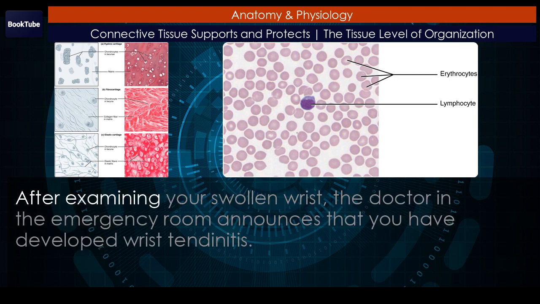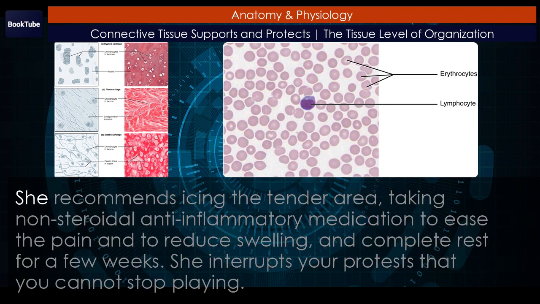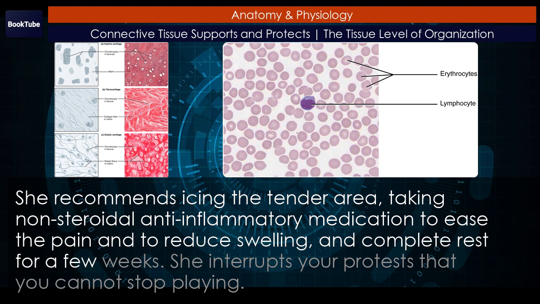After examining your swollen wrist, the doctor in the emergency room announces that you have developed wrist tendinitis. She recommends icing the tender area, taking non-steroidal anti-inflammatory medication to ease the pain and to reduce swelling, and complete rest for a few weeks. She interrupts your protests that you cannot stop playing.